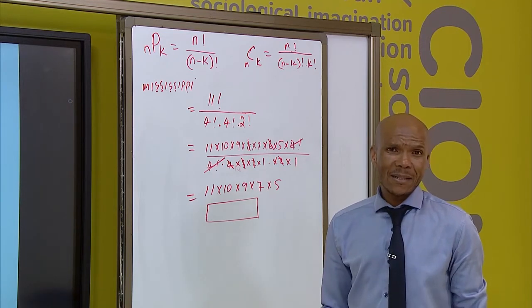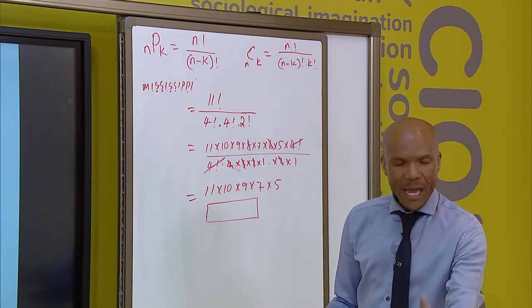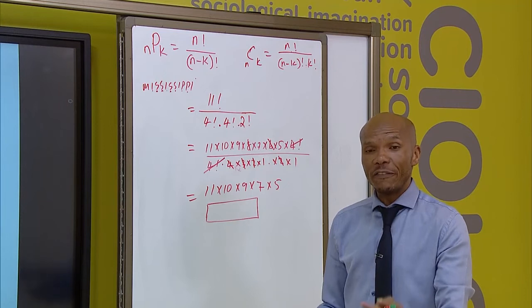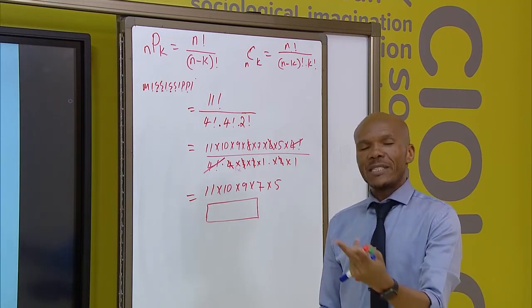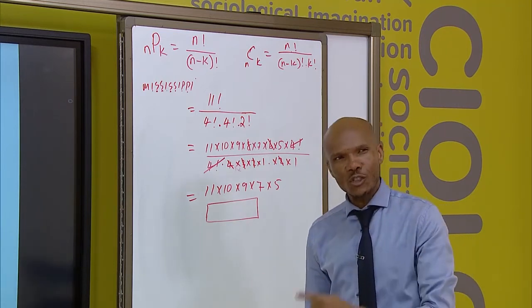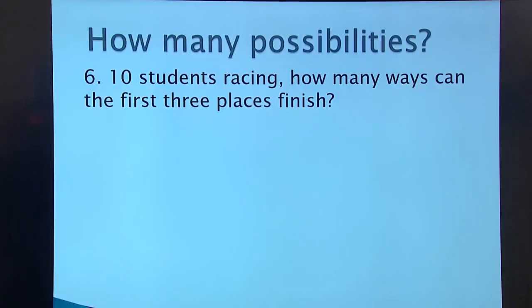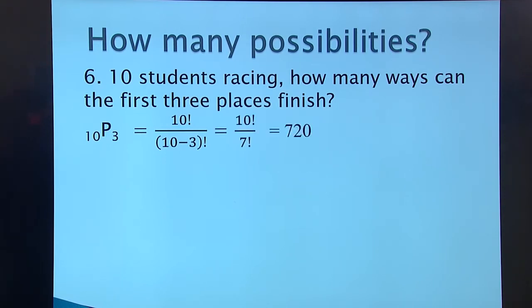I would say yes, because if you have your number 1, you cannot have the first position taking the second position and the third position. So the order really does matter. So in this case, that will be 10P3. Using the formula, that would be 10 factorial divided by (10 minus 3) factorial. That would be 10 factorial divided by 7 factorial, and that's going to give you 720 ways.